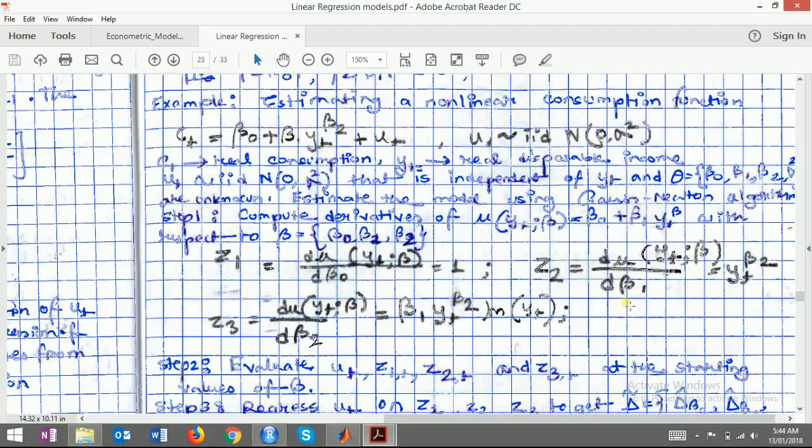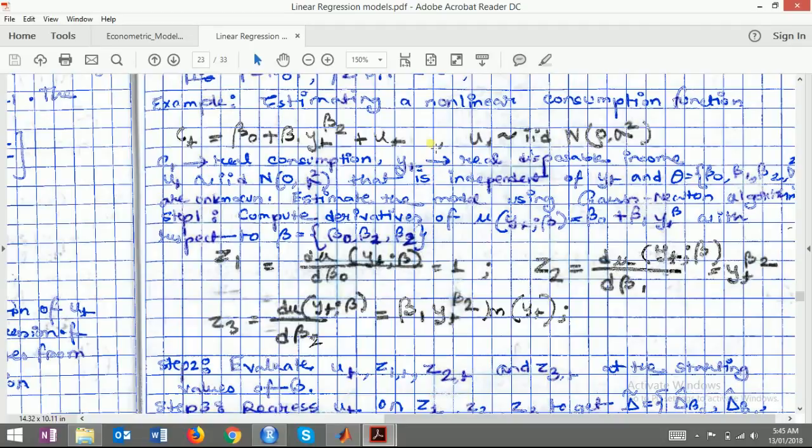With respect to beta 1, z2 is yt to the beta 2. With respect to beta 2, z3 is beta 1 yt to the beta 2 times the log of yt. Indeed, we are taking the log here.